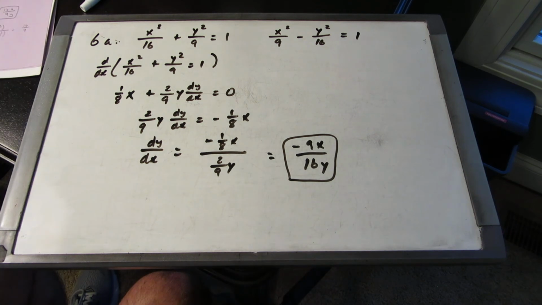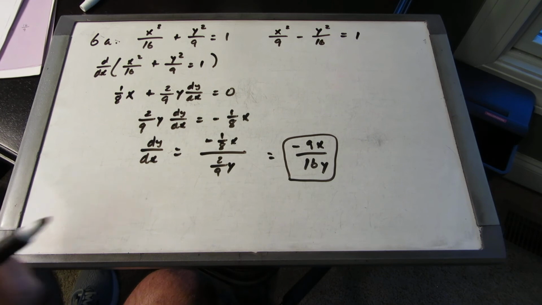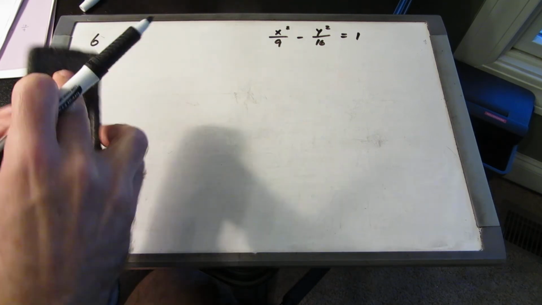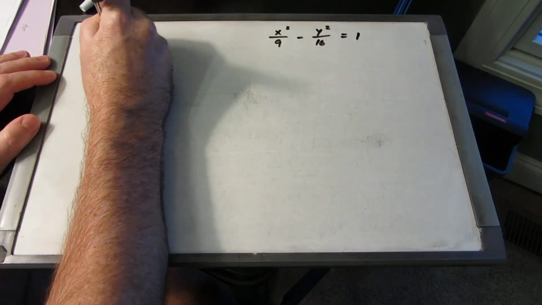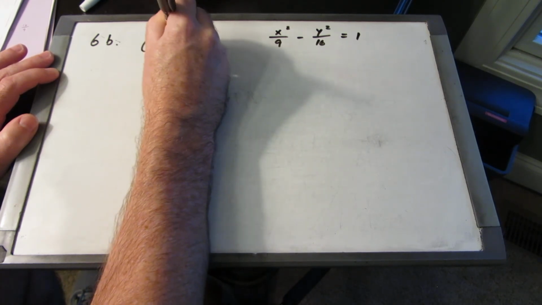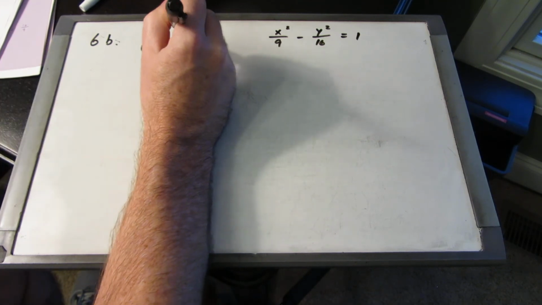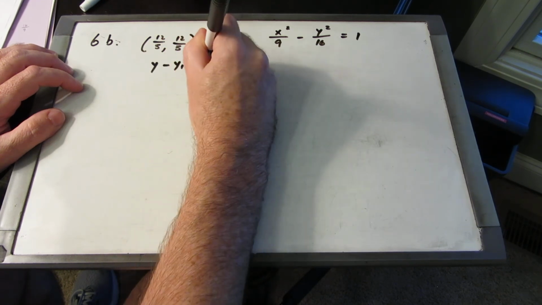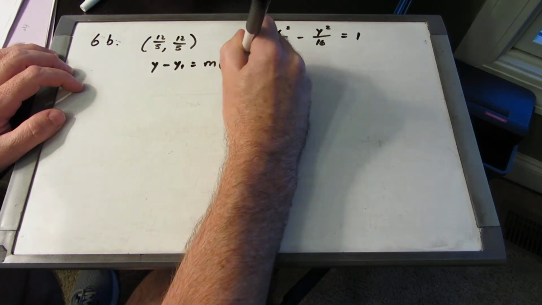So that'll give you the slope at any point for that ellipse. Now we want to write an equation for the tangent line to the ellipse at 12 over 5, 12 over 5. Okay, so I'm going to want to keep that negative 9x over 16y handy. So if we've got a point 12 fifths, 12 fifths, we have y minus y1 is equal to the slope times x minus x1.